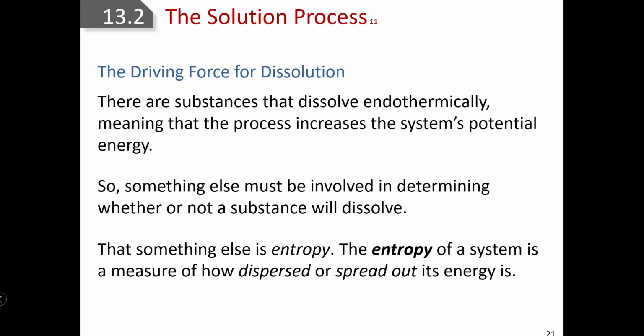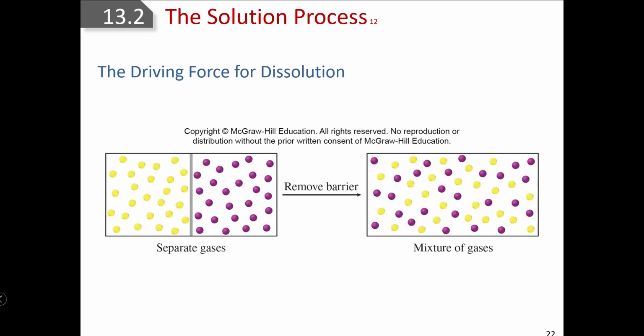So I think I've beaten this dead horse enough. You can read these other slides here. I do like this slide. It just shows you that there's more order here and here. And if we remove the barrier here, these gases are going to freely mix together because there's a lot more disorder. There's a lot more positions for each gas molecule or atom to occupy.